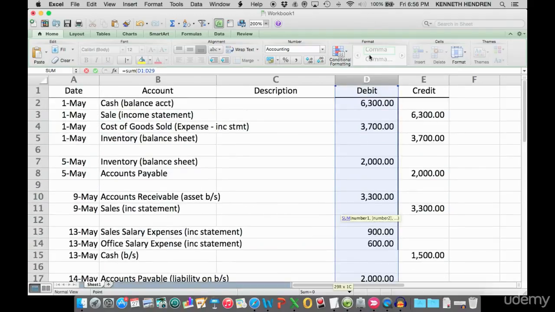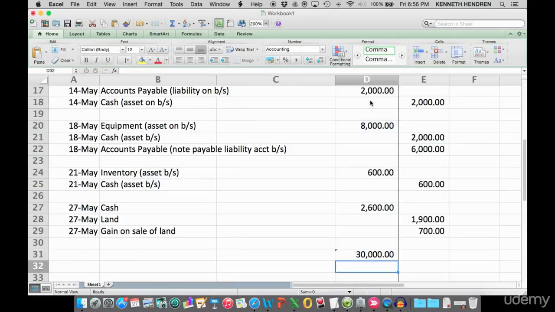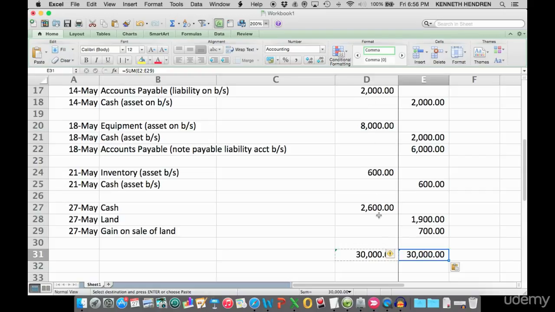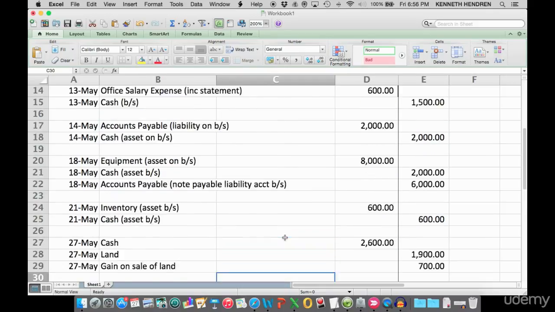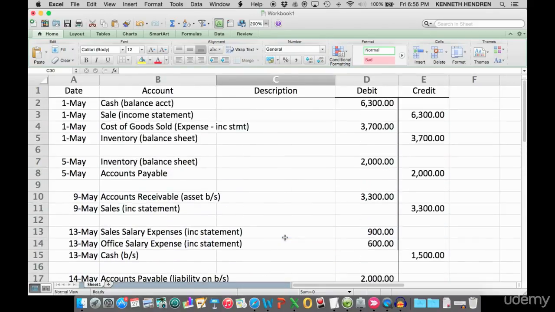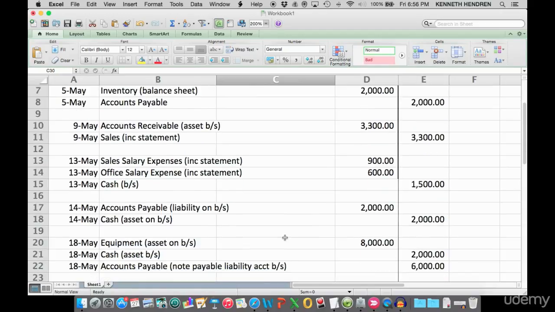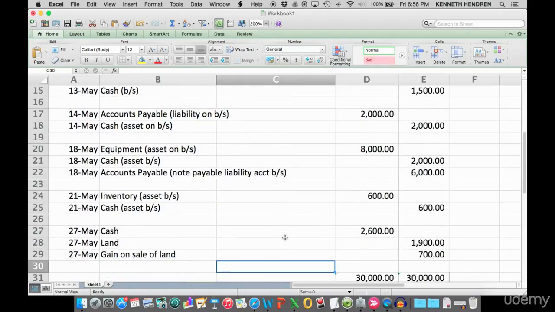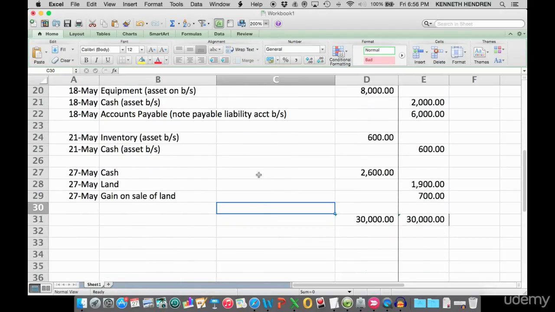We can add up this entire column. All right, all the debits equal $30,000, and all the credits equal $30,000. So we're in balance. So the debits have to equal the credits, okay? And so that is how we journalize those transactions.